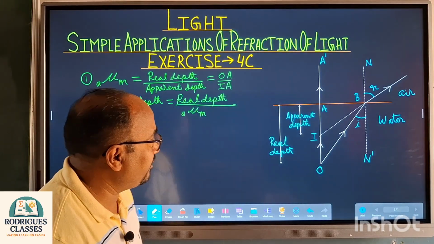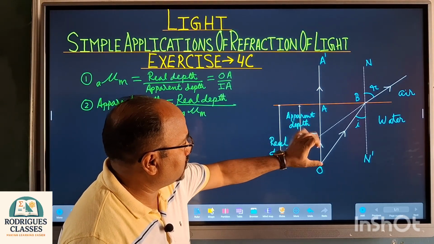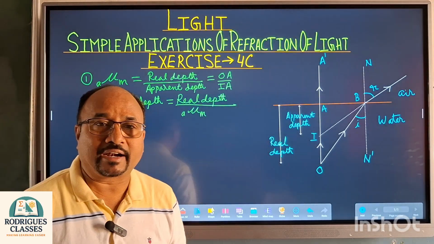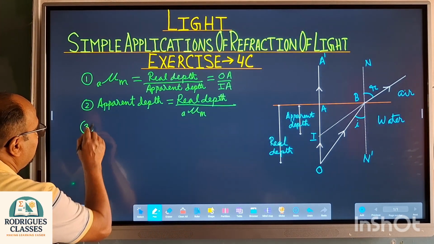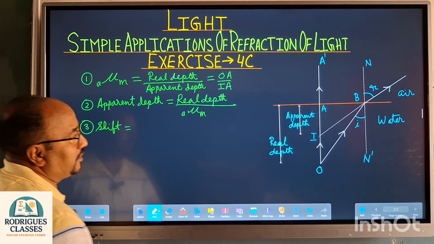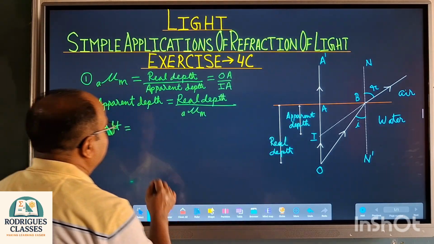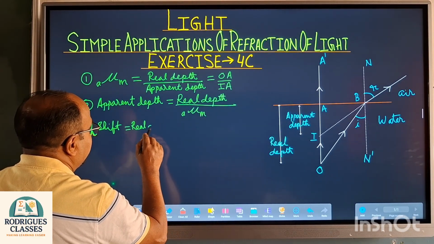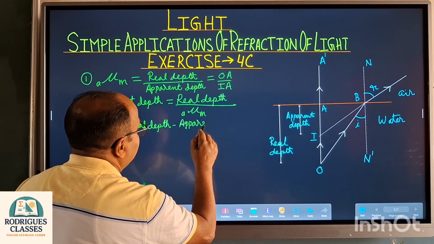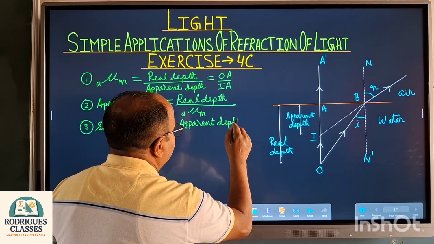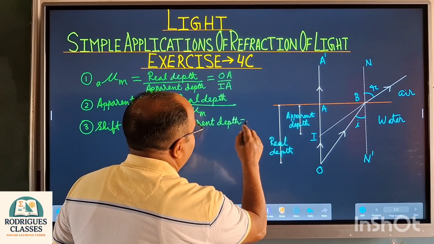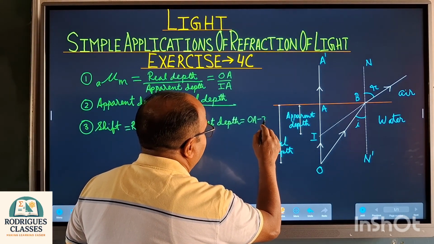Now we come to the shift, because this shift depends upon the apparent depth as well as the refractive index. I will first write it as the real depth minus the apparent depth. Real depth you know is OA, so we can write OA minus IA.